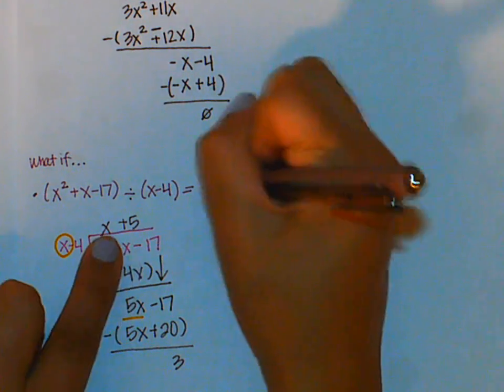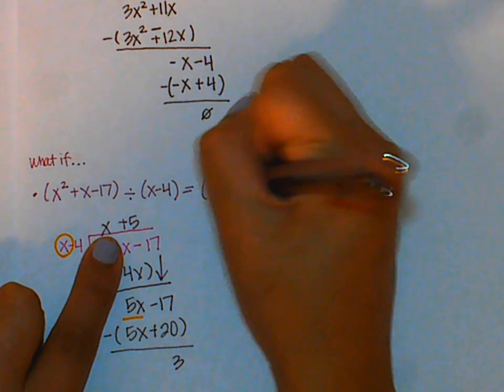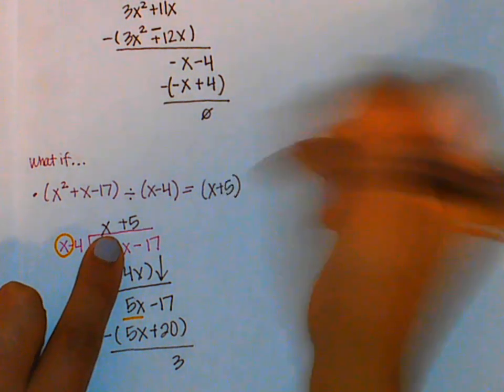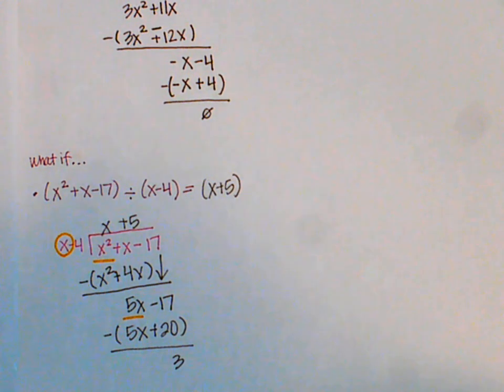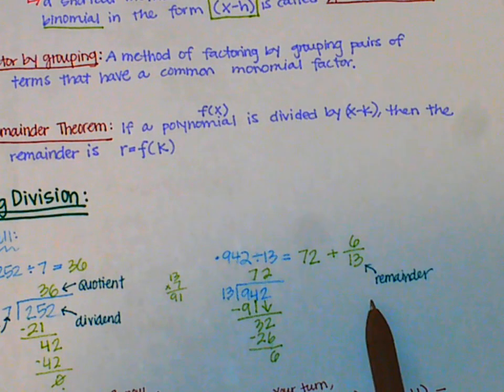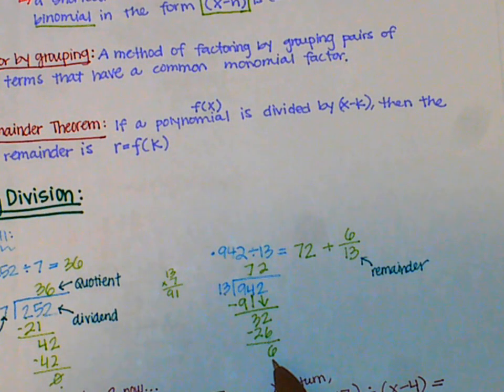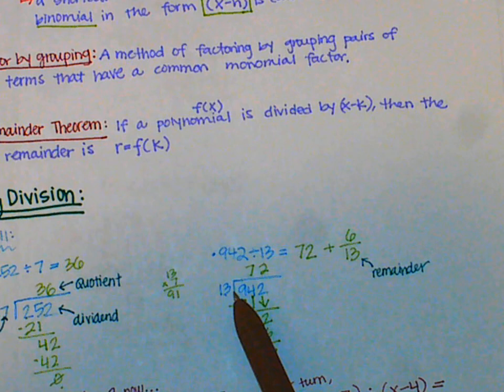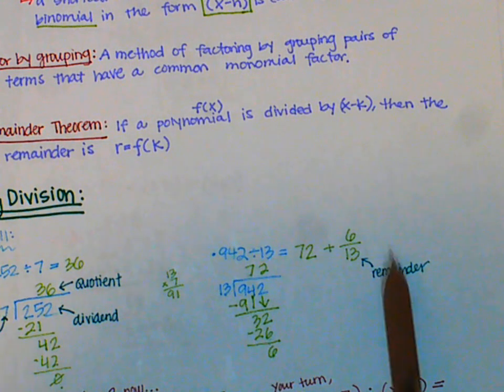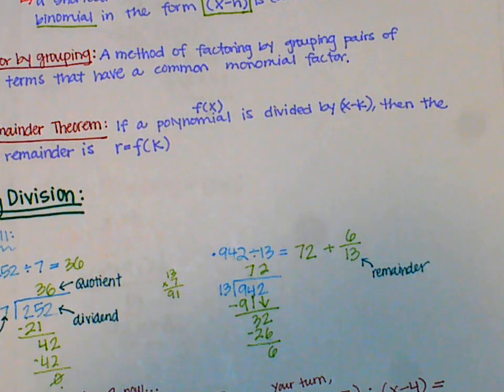I'm going to take my binomial x plus 5, which is our quotient. And if you remember the first one I did at the beginning, I did one with the remainder, where we said that our remainder over our divisor is what we add to the back.